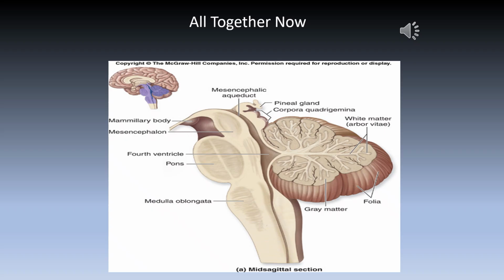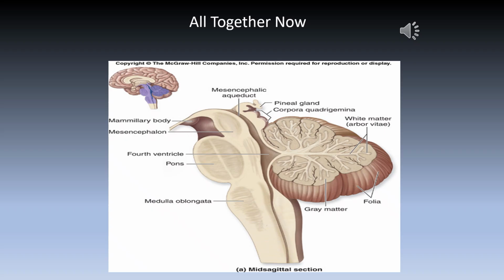We have the pons, we have the medulla, we have the midbrain. All three of those connect to the cerebellum. So we have incoming sensory signals coming up the spinal cord to the medulla. They will divert to the cerebellum by way of the inferior cerebellar peduncle.